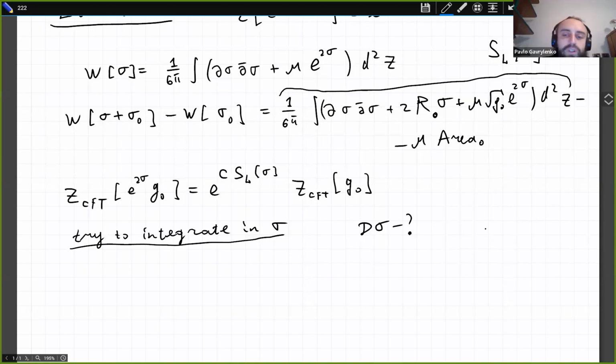It is some nonlinear measure, because if we define some scalar product of small variations of the metric delta g, it should be given by the integral of delta g mu nu delta g rho sigma.